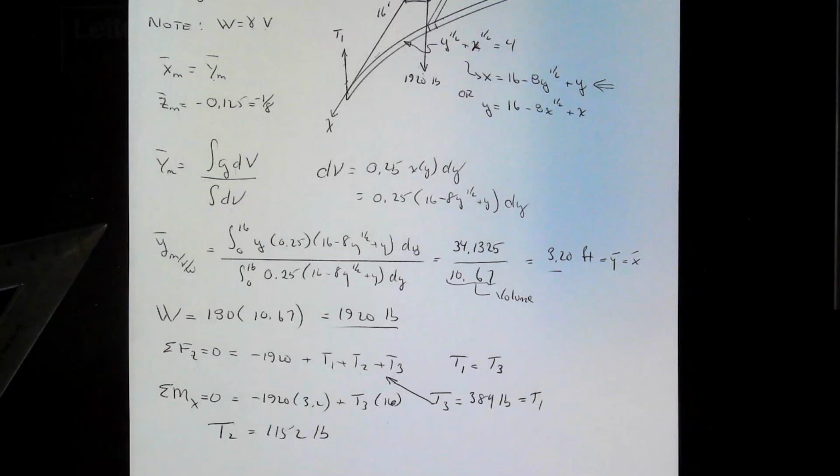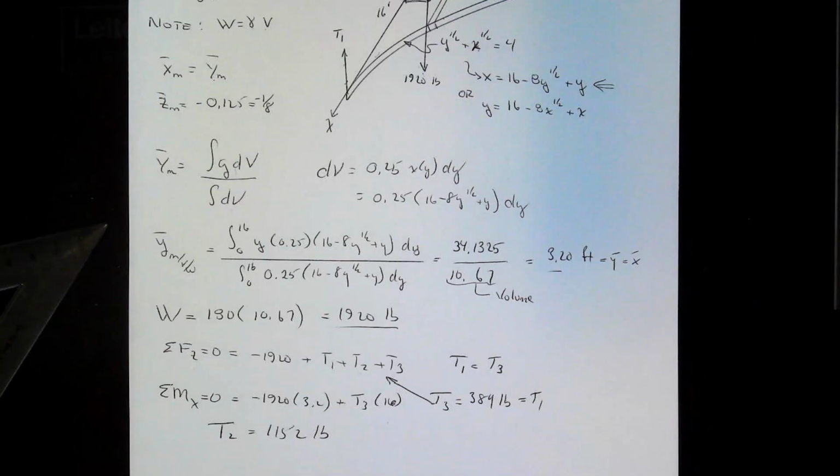We can go up here now. And I'll just put in 1,920 pounds. Here's the center of gravity. Okay, so we can see that. So this is now kind of like a free body diagram. Instead of having chords here, I have my tensions. Here's the weight. Let's go at it.